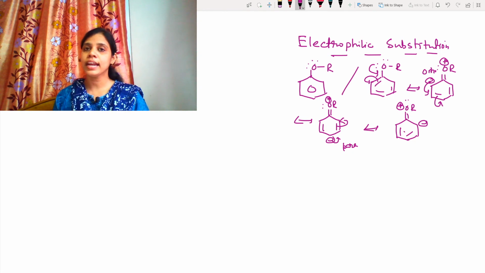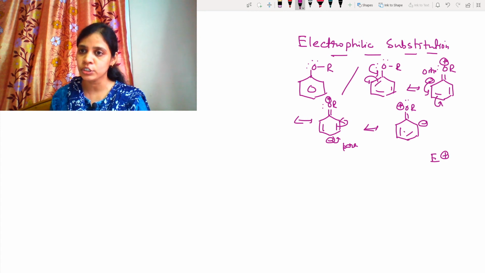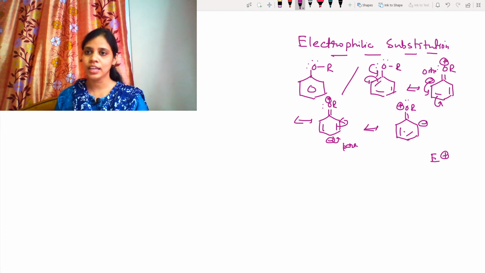As the negative charge comes at ortho and para positions, the electrophile, which is positively charged, always prefers the position where the electron density is high. Here the electron density is high at ortho and para, so it gives electrophilic substitution at the ortho and para positions.